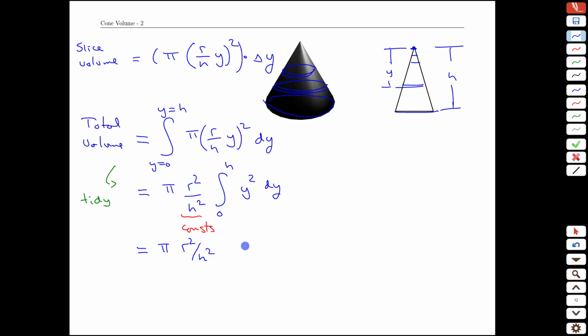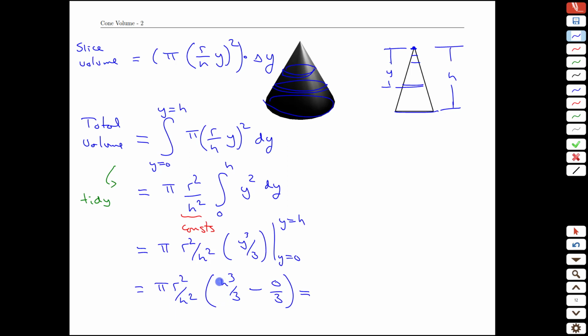The integral of y squared is going to be y cubed over 3. And I'm going to reinforce what the variable is here by explicitly saying y equals 0 up to y equals h. We plug in the top limit for the y value, and we end up with h cubed over 3 minus 0 cubed over 3.